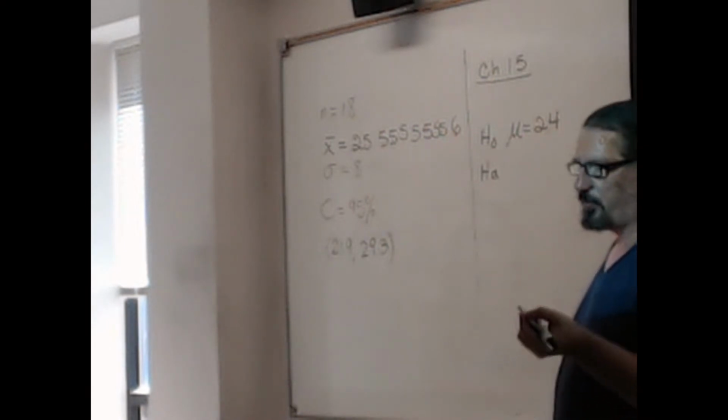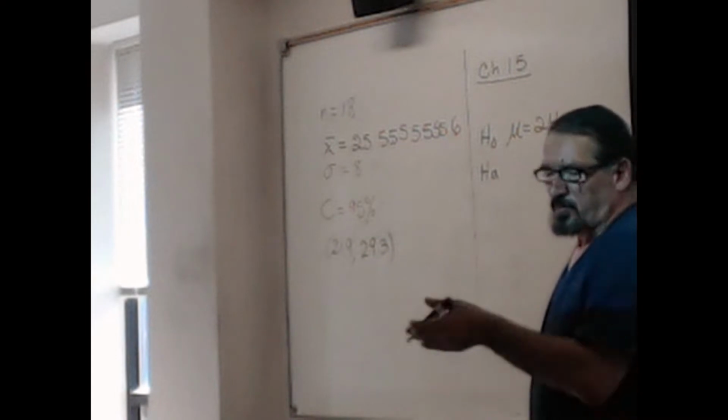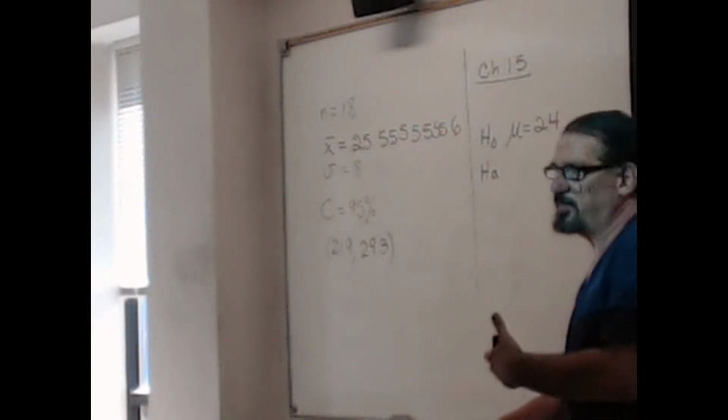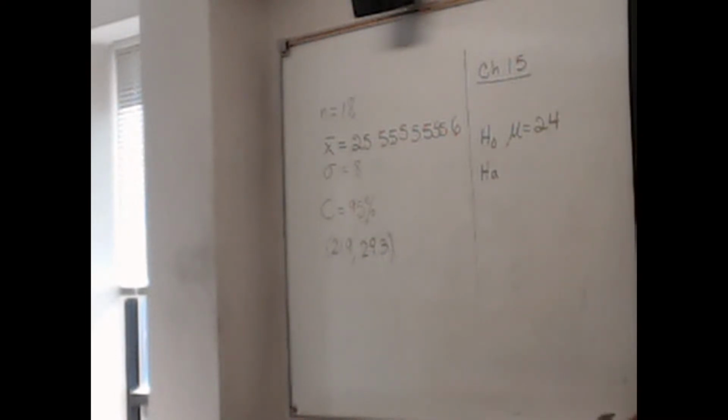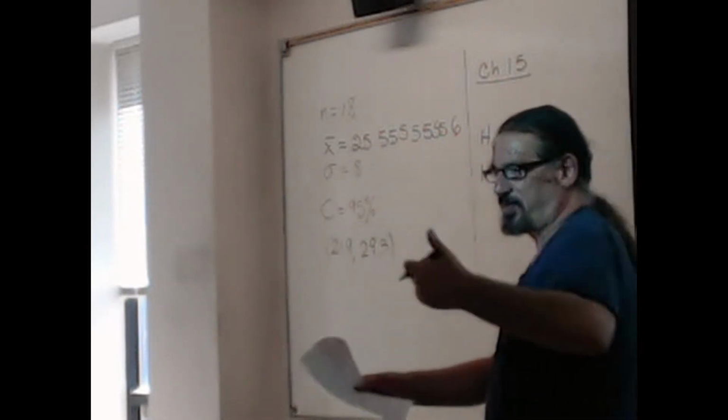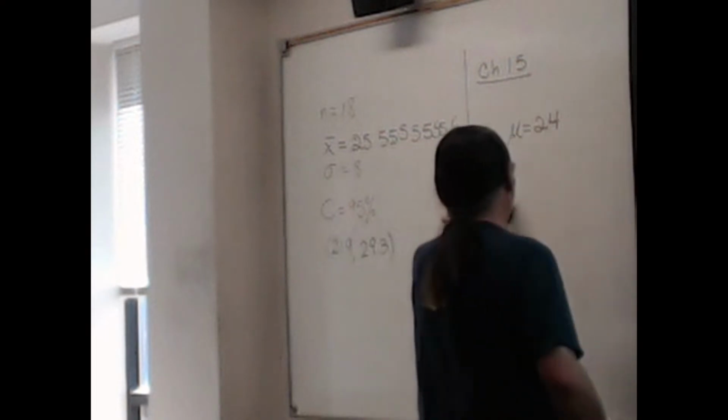And again, that's a two-sided test, because we're not saying that mu is less than 24 or mu is greater than 24. We're just picking that it's not different. We haven't picked which side of 24 it's supposed to be on.